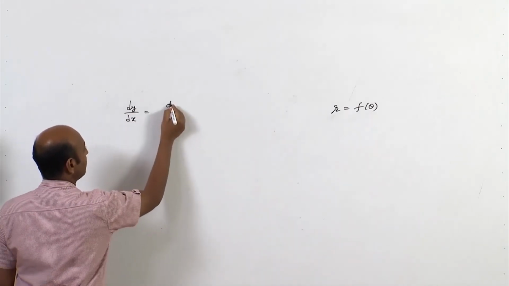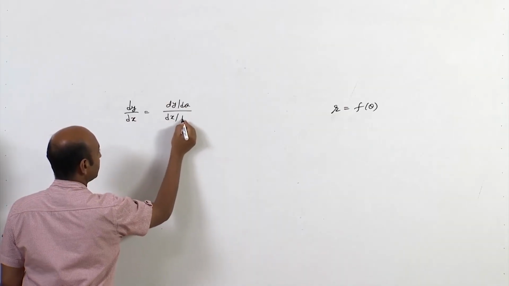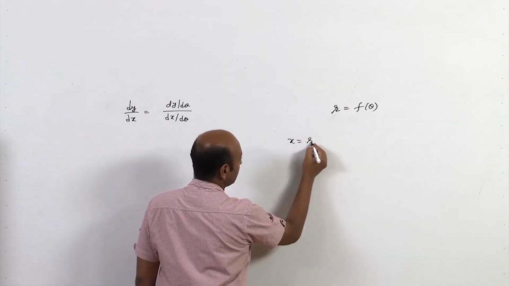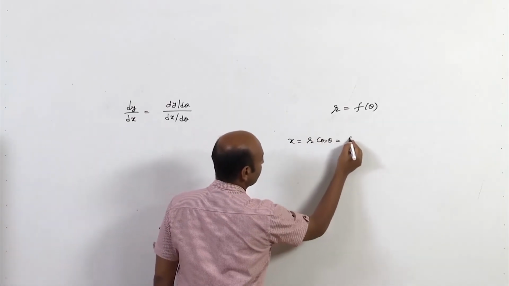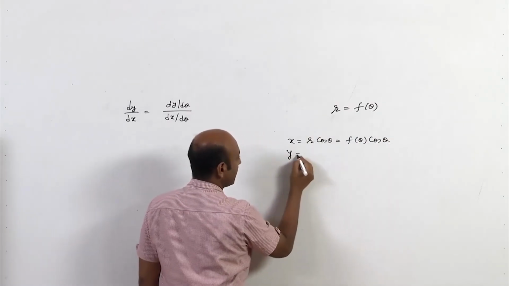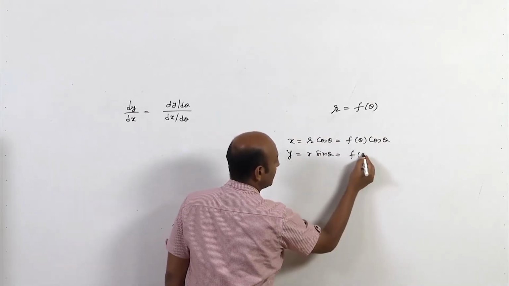dy by dx is nothing but dy by d theta upon dx by d theta. Okay. Now, x is r cos theta, r is f theta, so it is f theta cos theta. y is r sin theta and r is f theta, so it is f theta sin theta.